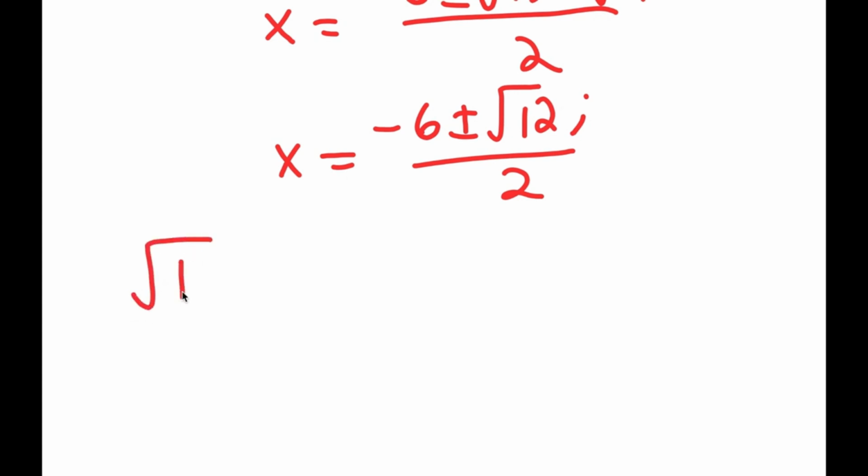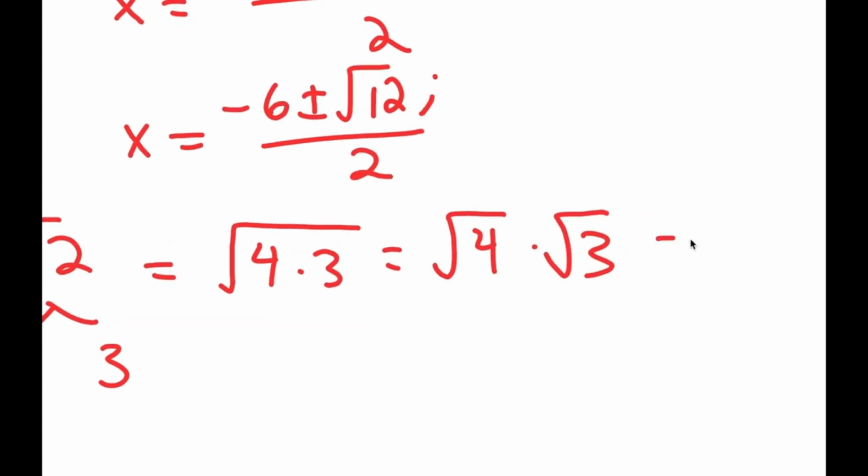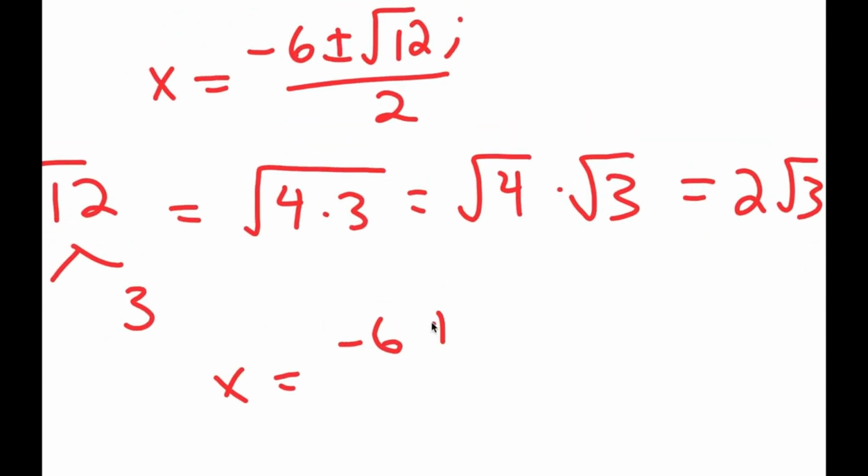Now the square root of 12 is the same thing as the square root of 4 times 3, which is equal to the square root of 4 times the square root of 3. The square root of 4 is 2, so this is equal to 2 root 3.